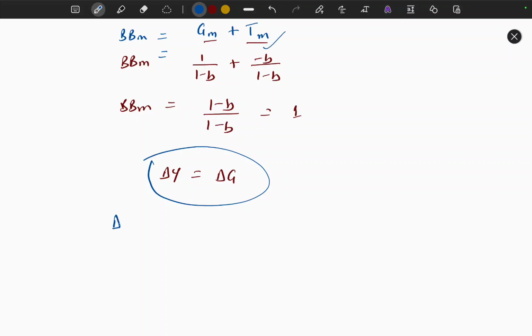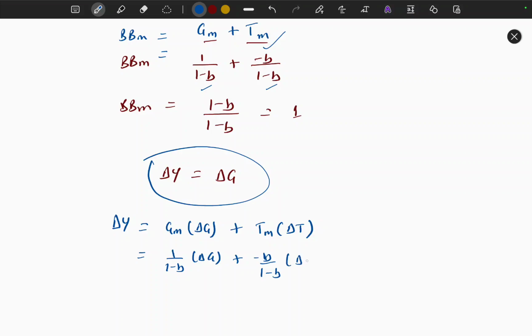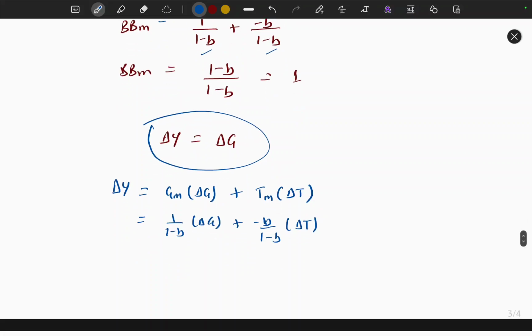The change in national income will be equal to the government expenditure multiplier times delta G plus the tax multiplier times delta T. I'm just going to substitute the values of both the multipliers, and we get 1 over 1 minus b times delta G plus minus b over 1 minus b times delta T.